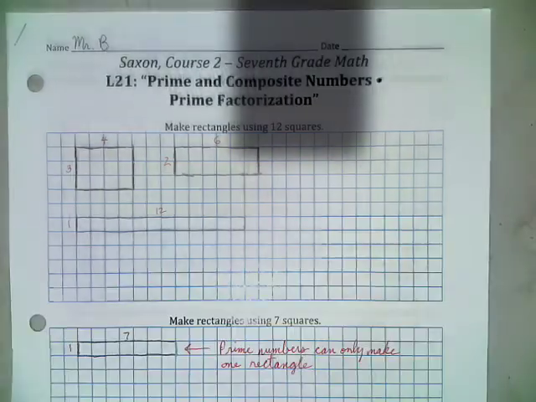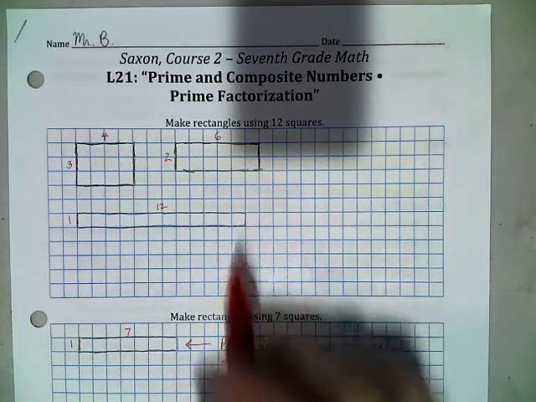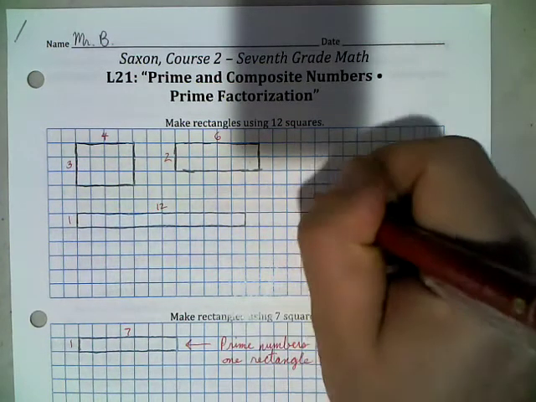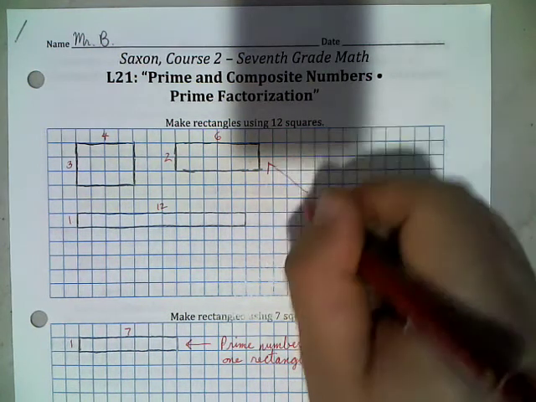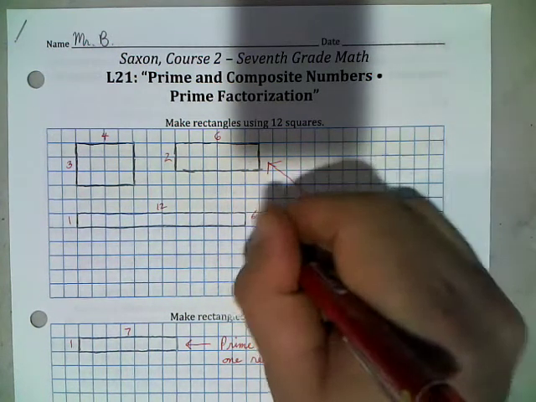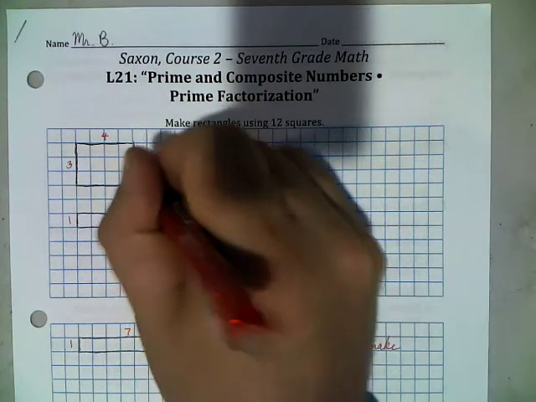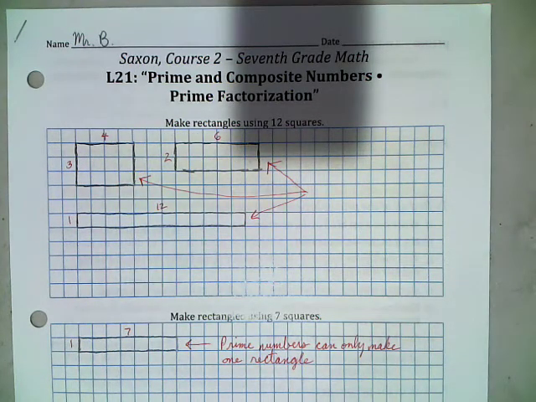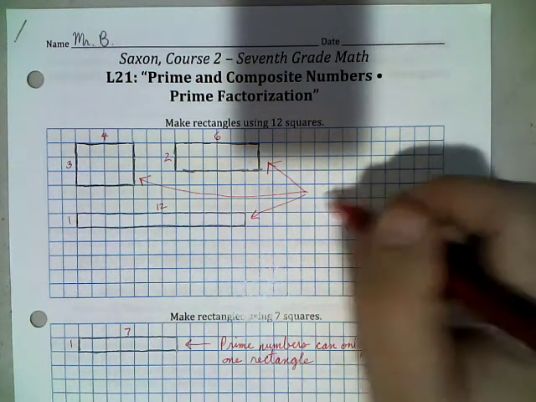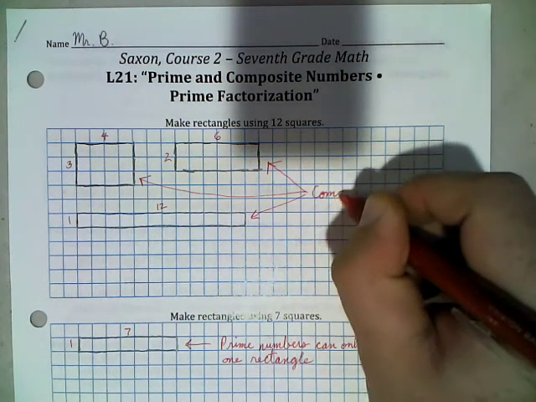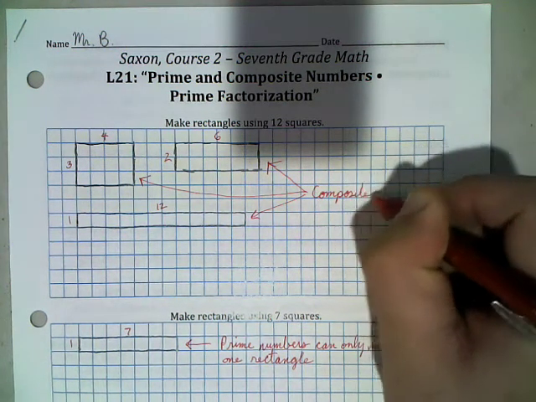Now up here, with 12, I was able to make not 1, but 3 different rectangles. So there are multiple ways that we can put these boxes together to make a rectangle. And so we call this a composite number.